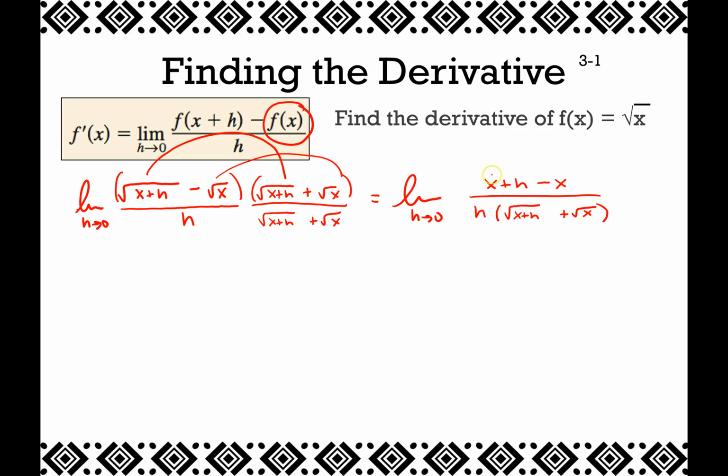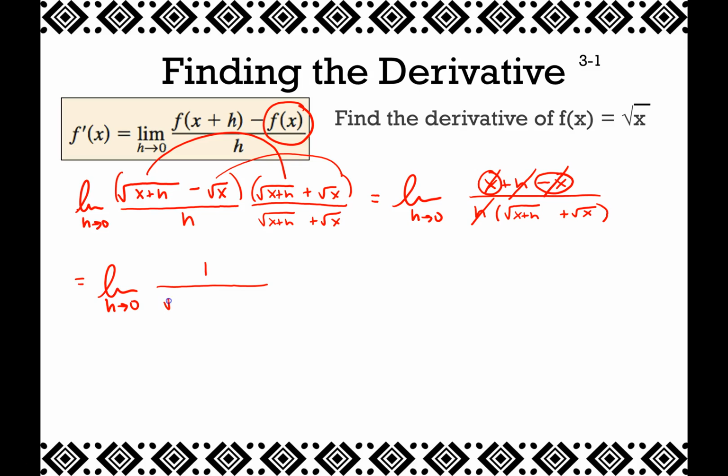Well, what happens here in the numerator? Our x and our minus x disappear. And then we have an h in the numerator and an h in the denominator, and those are going to cancel. So that's going to leave us with what? Well, you guys always kind of get confused on this, but know that there is something in the numerator, and that's a 1.